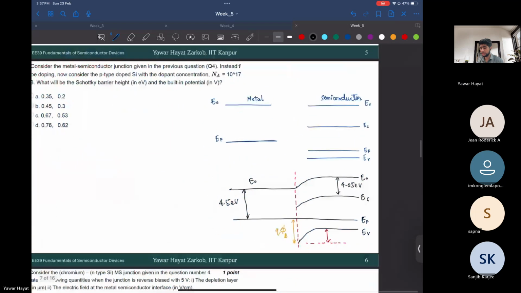Yeah, and this much is EG. This much is Q5, right? So how will you compute this Schottky barrier height?